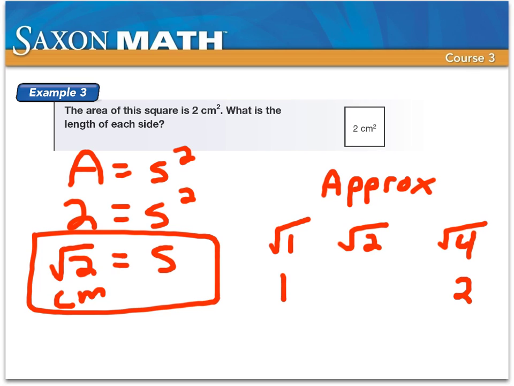So our answer has to be between 1 and 2. It's a little closer to 1, but not too much closer, so it'd be about 1.4 centimeters. Now the problem did not ask you to approximate it, so you don't have to. This step is only if it tells you to approximate the square root. Otherwise this answer is just fine.